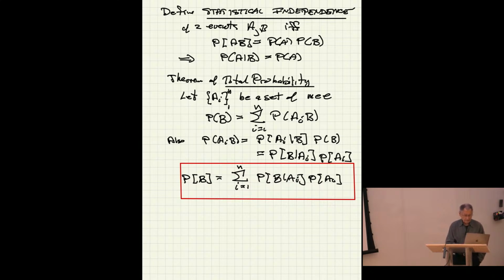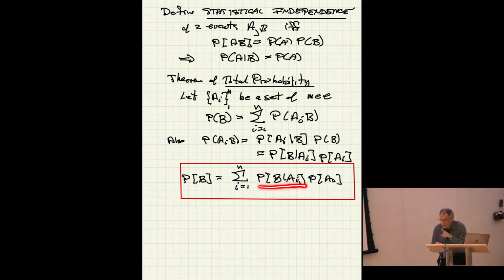And basically, it says if I want to find the probability of some complicated event B, and I don't know how to get it, but I know what B is given A_i, I'm going to give you an example in a moment. It may be that this thing is very easy to write down.